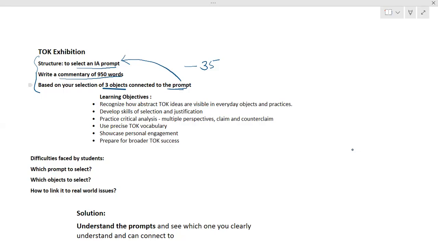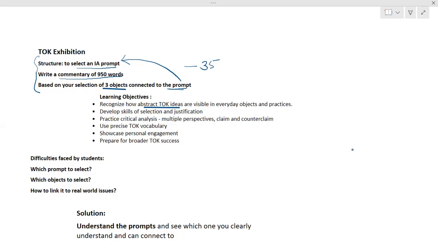So, what are the learning objectives that you will achieve from this particular session? Once we go through this session, you will be able to recognize how abstract TOK ideas are visible in our everyday objects and practices.